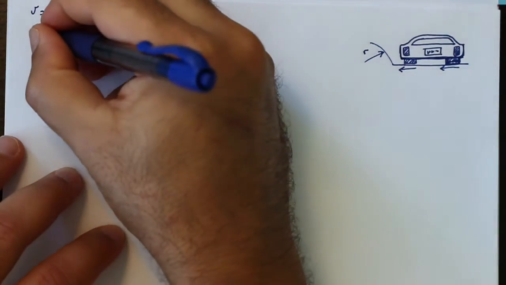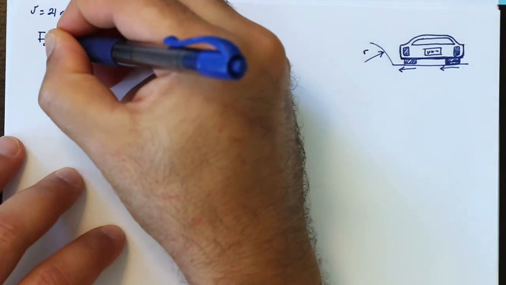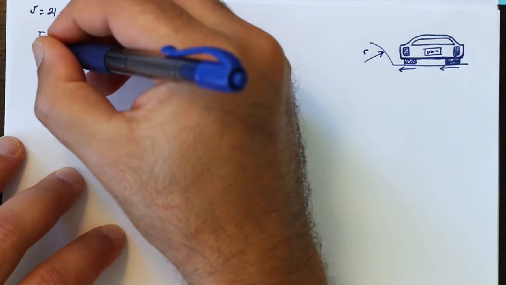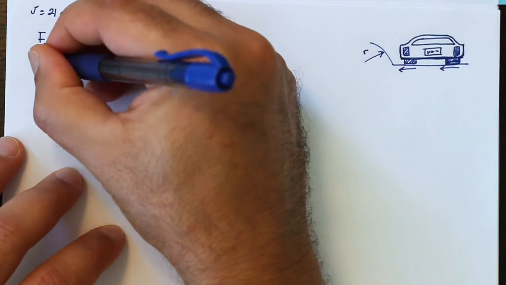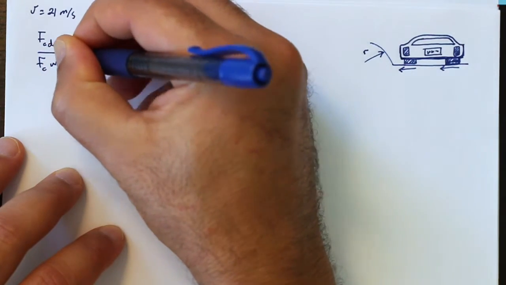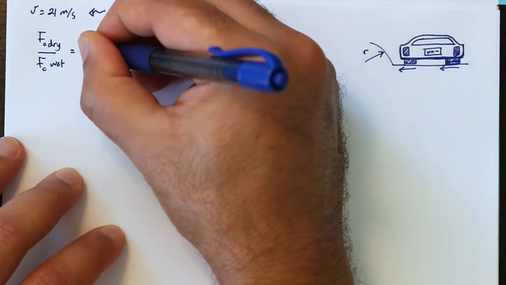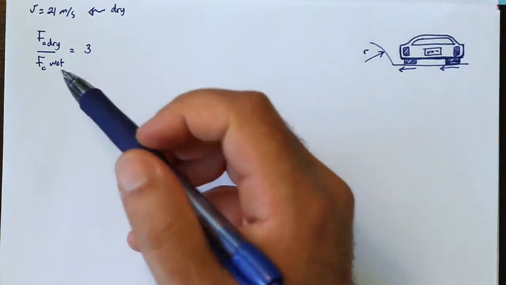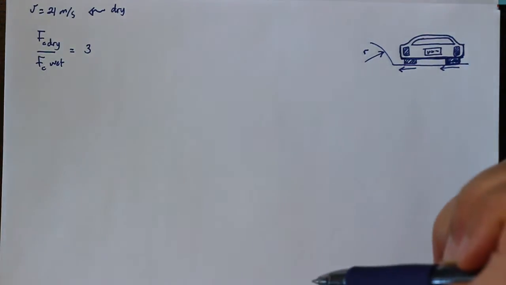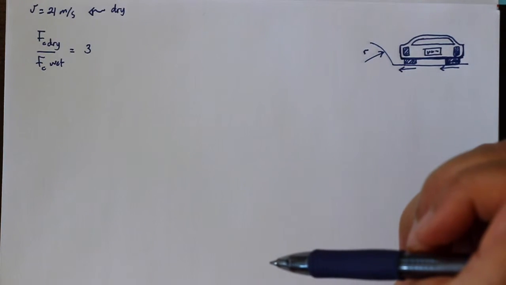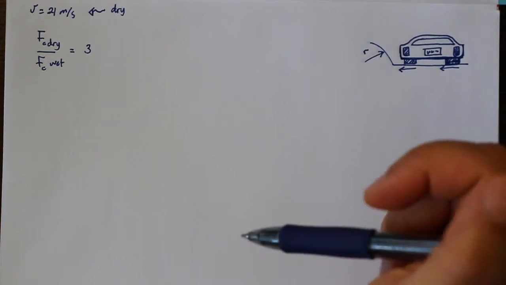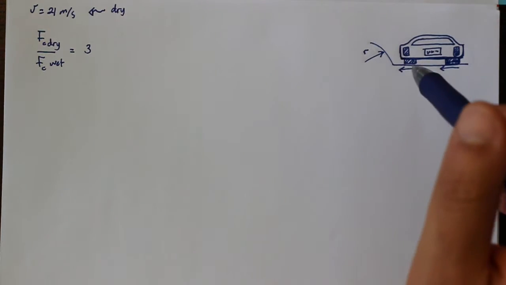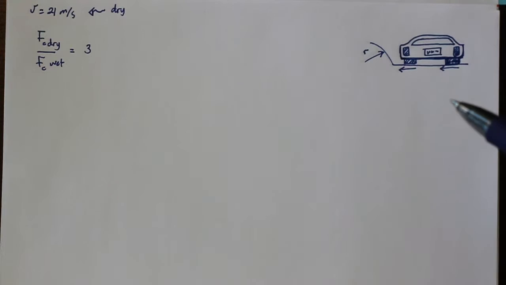And then we know that the centripetal force dry compared to the centripetal force wet is now going to be 3 times, because the wet is 1/3 of the dry, so the dry is 3 times the wet. And we're asked to figure out the speed on the wet patch such that the car continues on that circular path.